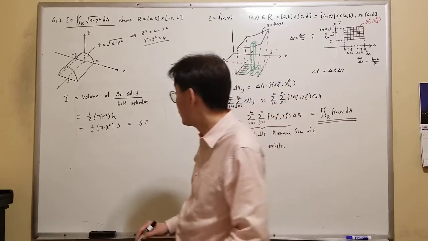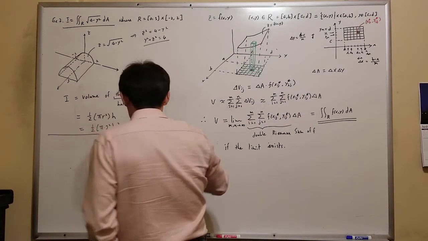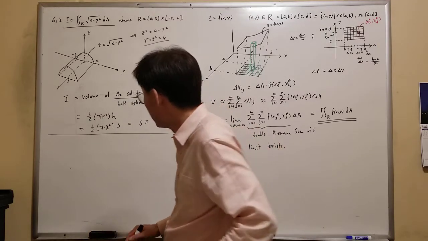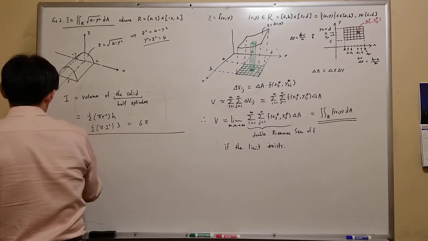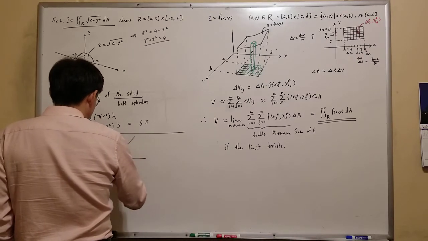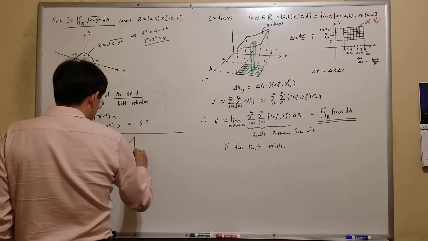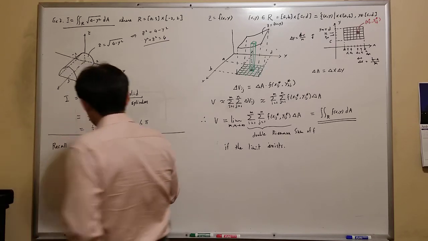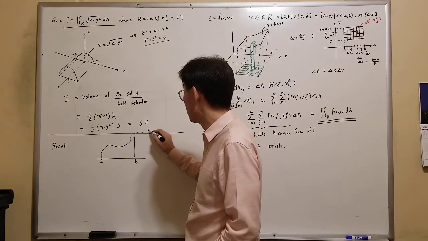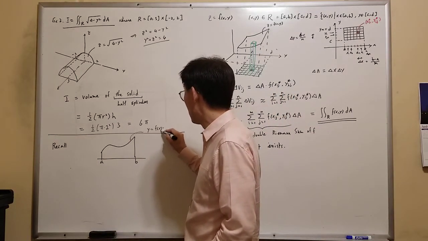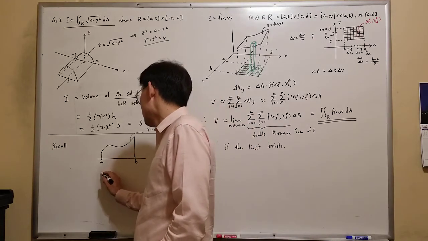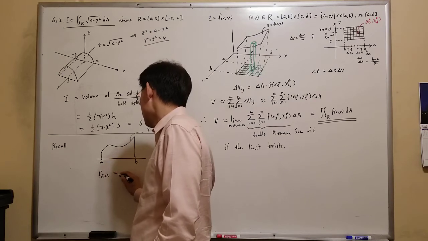Now, recall, when your function is changing like this, how can we define the average value of a function on that interval from a to b? And we define average value this way.